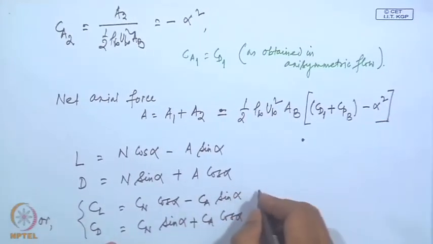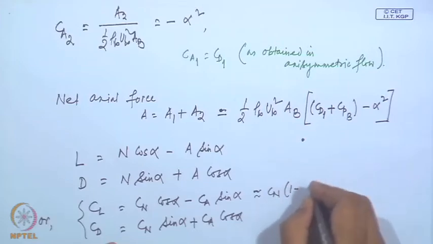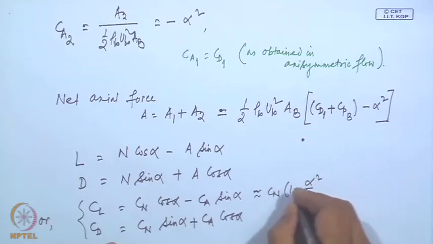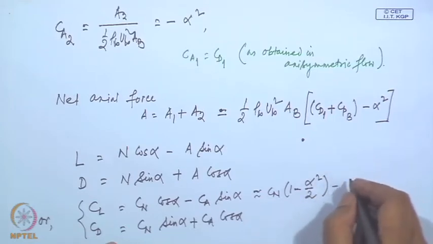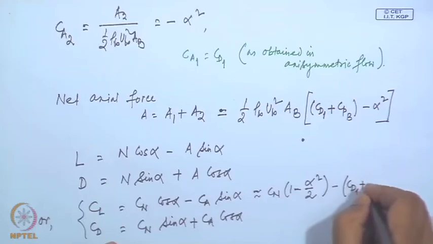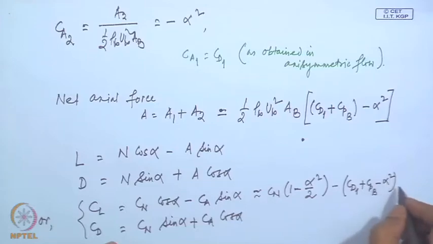Making the usual small angle of attack approximation, this can be written as C n into 1 minus alpha square by 2, minus C d 1 plus C p b minus alpha square into alpha.